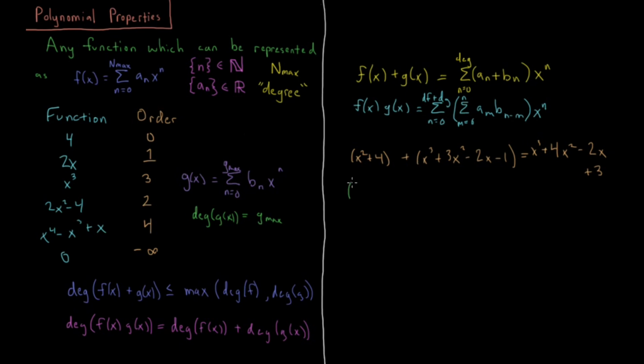And then if we have terms like 2x plus 1 times x squared minus x, then we do our old friend, the FOIL method, where we're multiplying all terms times each other. So as I said, 2x times x cubed is 2x to the fourth, but these are all what are called monomials.